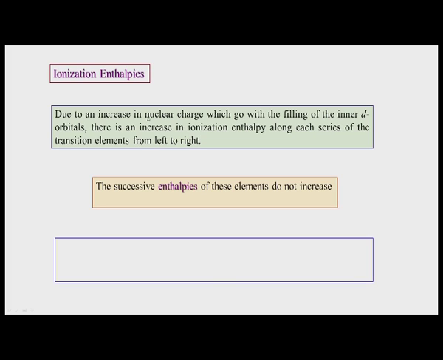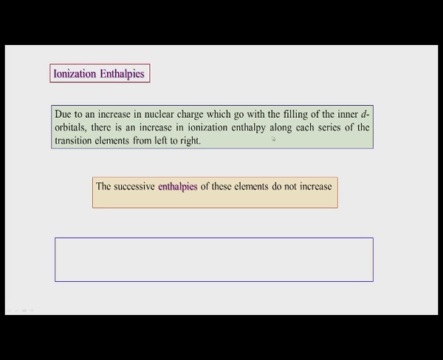And we see as we move from scandium to titanium to vanadium to ultimately copper and zinc, the nuclear charge, as we have seen in our previous classes, will be increasing very much, and with that increase the ionization enthalpy values, the IE values, will also increase.